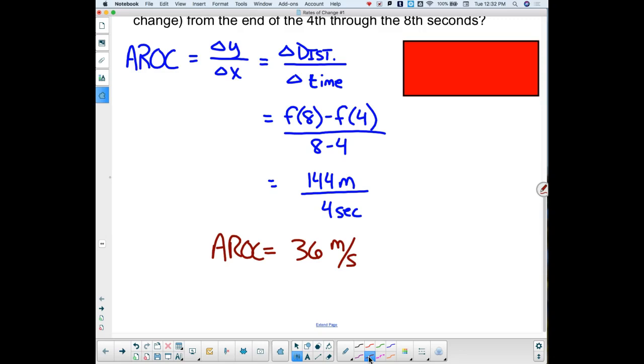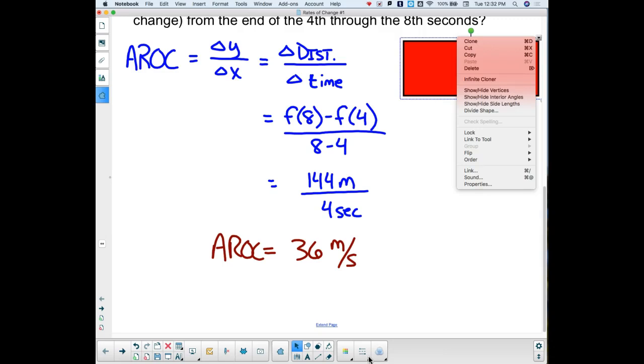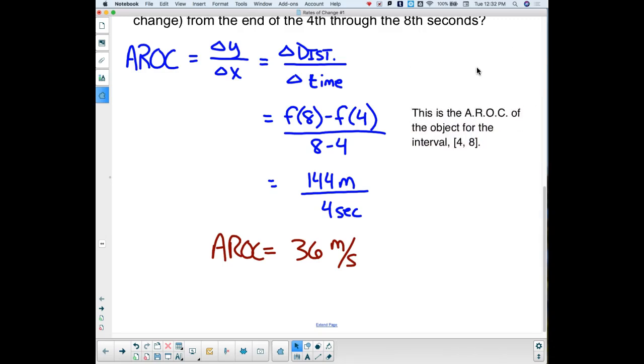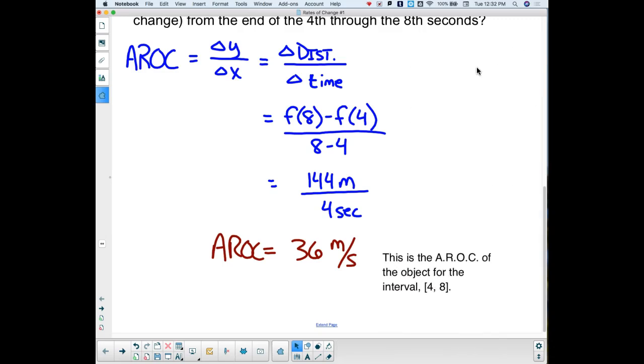Okay. And this is the AROC of the object over the interval 4 seconds to 8 seconds.